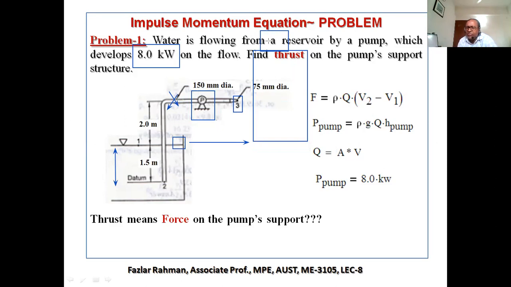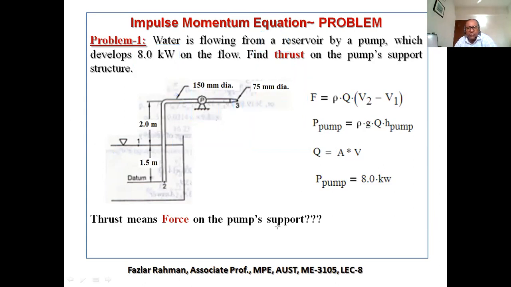Then how will you figure out the pump support, or how will you figure out the capacity of the pump? So that will be the application of this problem. So let's see how we can solve it. At least you need to know what they like to know. They want to know the thrust.